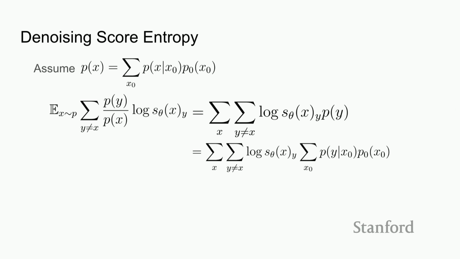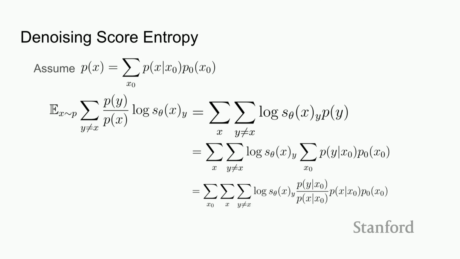Then, to look at things more concretely, we apply the decomposition above to this py term, which means we add in an expectation over x0. We can move the summation term to the front by Fubini's theorem, and we can also add in p of x given x0 over p of x given x0.